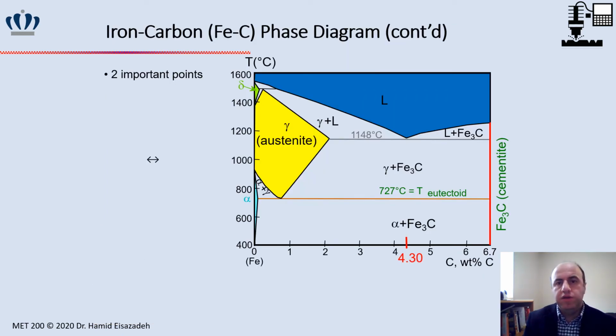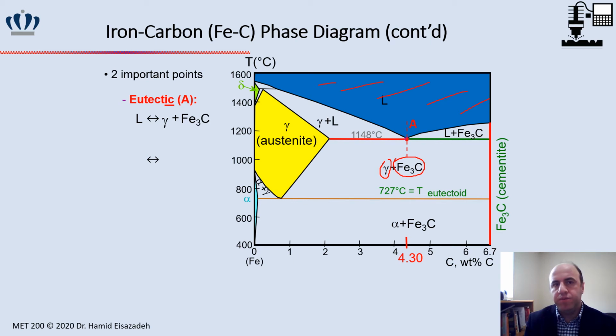Okay, here this is the phase diagram of Fe-C, or iron carbon. We have several reactions in this phase diagram that I'm going to describe. The first reaction is that at point A, in this area we have liquid, and then below that point we have gamma plus cementite, right?